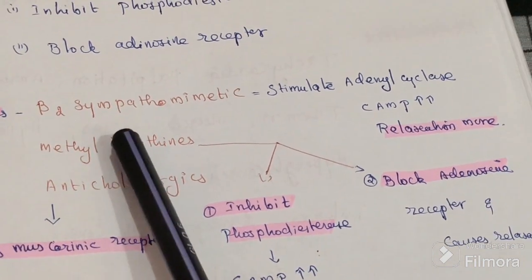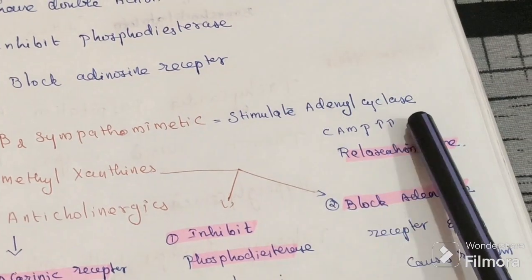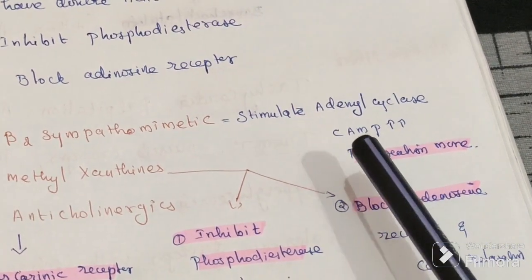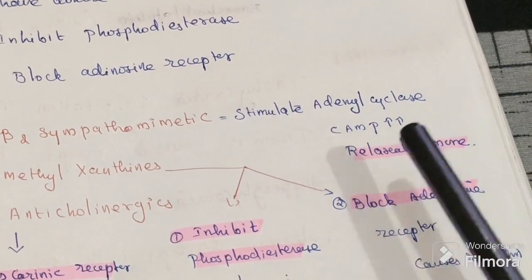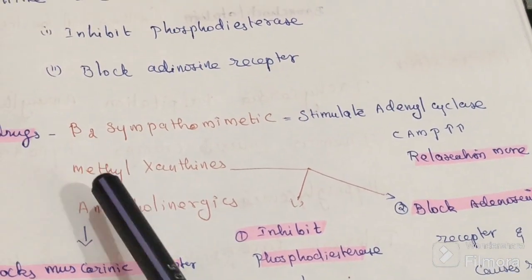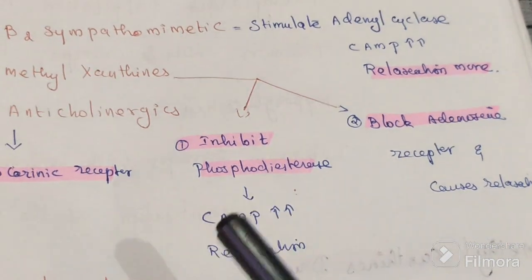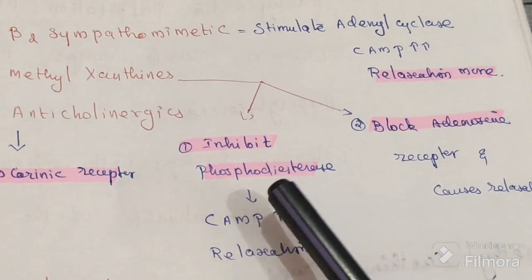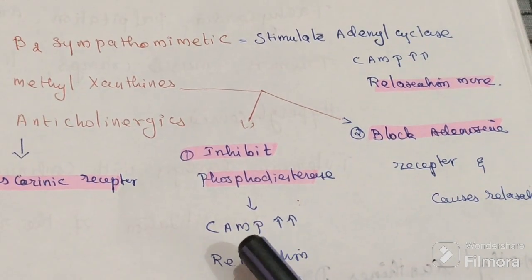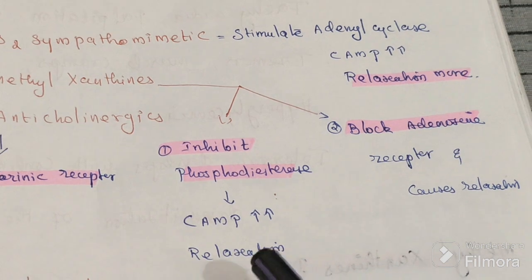These beta 2 sympathomimetic drugs stimulate adenyl cyclase, so they increase cyclic AMP, and because of this relaxation is more. Then methyl xanthine has two types of activity. First, it inhibits phosphodiesterase, so it increases cyclic adenosine monophosphate level and causes relaxation.